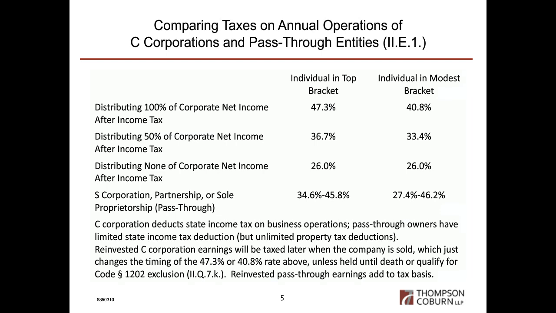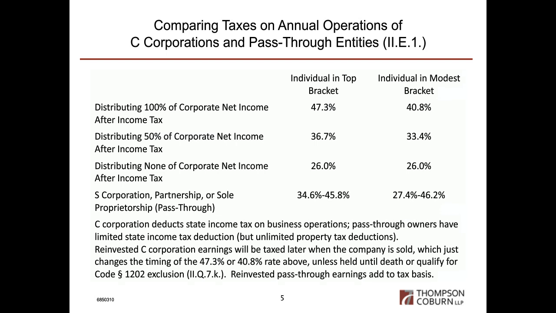Now that annual rate is in some ways an illusion, because if the corporation is sold later on, those earnings are going to get taxed in the form of capital gain tax. There'll be an increased sale price because of those earnings, and there would be a gain on the sale of that stock.